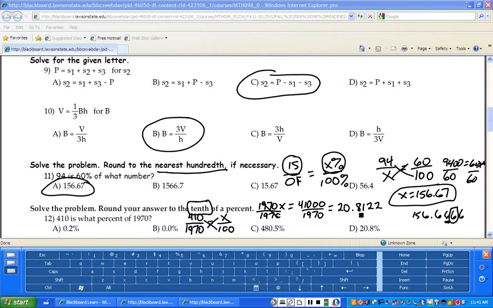The 10th is represented by this 8, the first place to the right of the decimal. So I'll look at this 1, which tells me what to do with this 8. Because 1 is less than 5, this 8 will stay the same. If it was 5 or greater, then this 8 would round up to a 9. So our answer becomes 20.8. So D would be the proper answer choice.